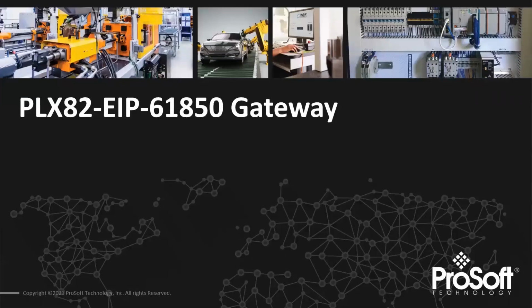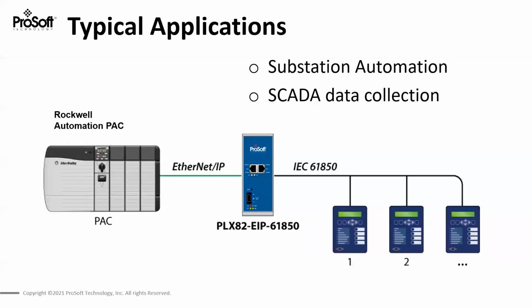So one of our products that we've had for years that's been able to incorporate and take advantage of some of these 61850 features is our PLX82 EIP 61850 gateway.